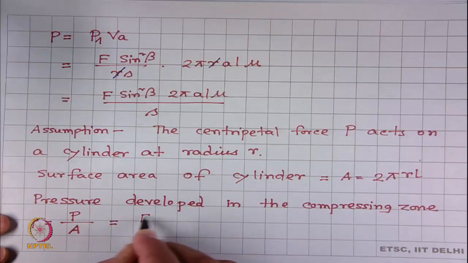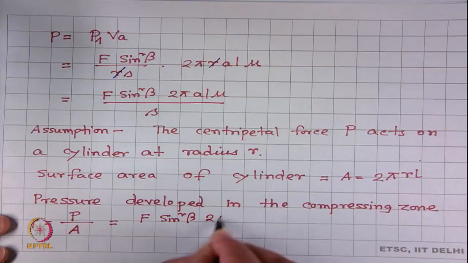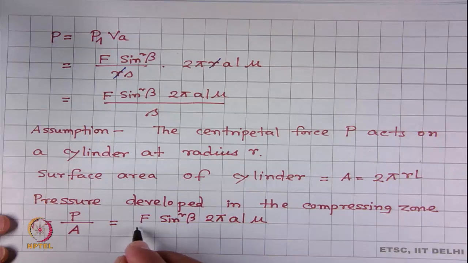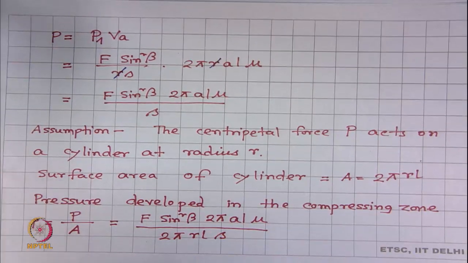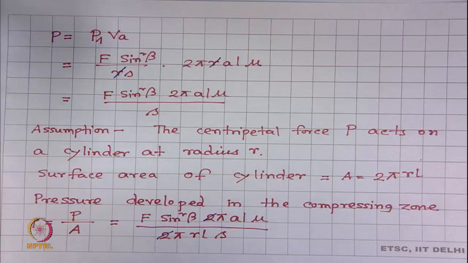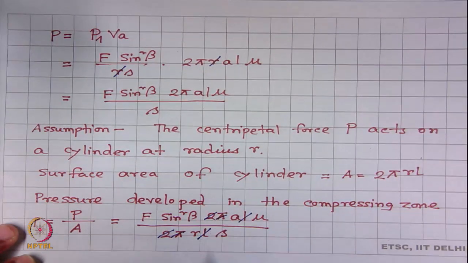Let us write it: F sin square beta 2 pi a times L into mu, by 2 pi r L s. So, these 2 cancel out, pi also, L also.